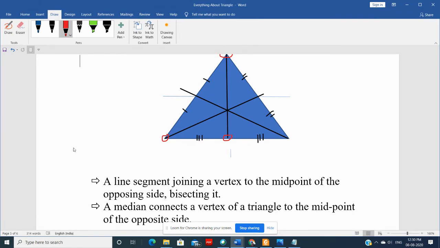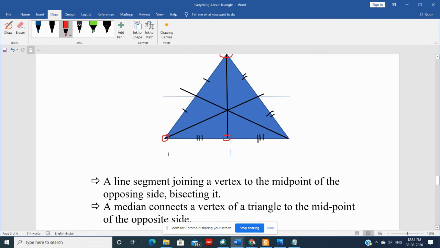And if you look at this from the perspective of the midpoint of this side, then you can say from the midpoint to the vertex. In both cases, there will be two equal halves. So these line segments, which are called medians, always make two equal halves of the opposite side.